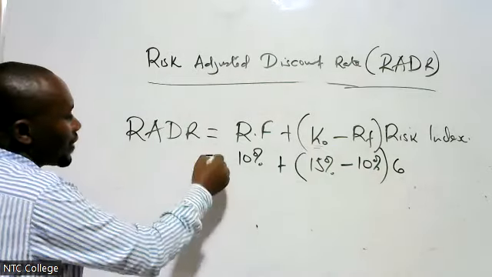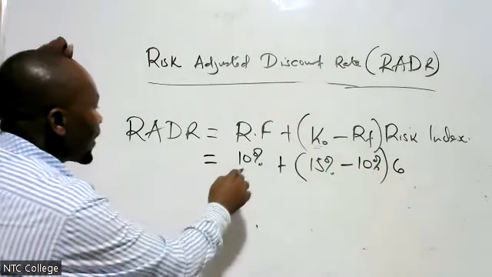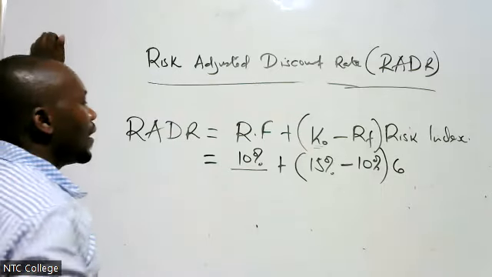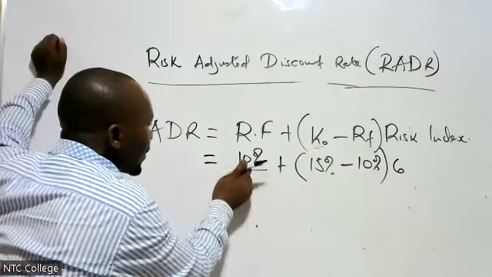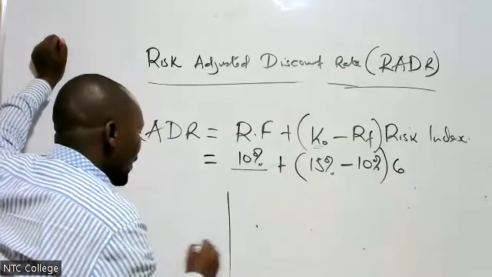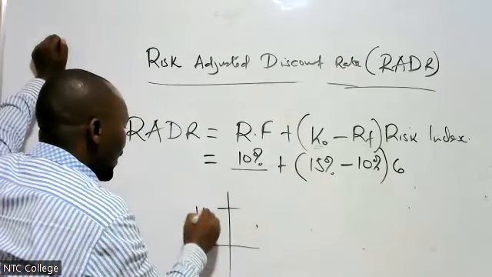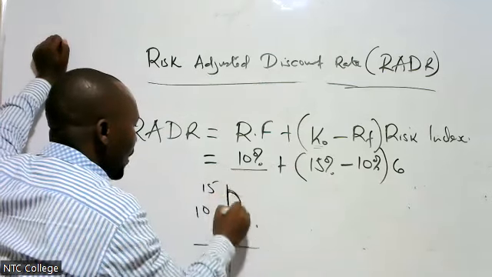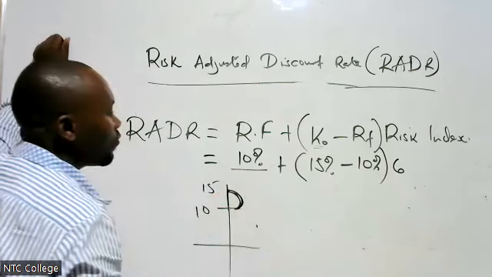So this is what is expected that is risk-free that you should get as a business person. The risky element between this 10 and 15, this part is what we want to get.